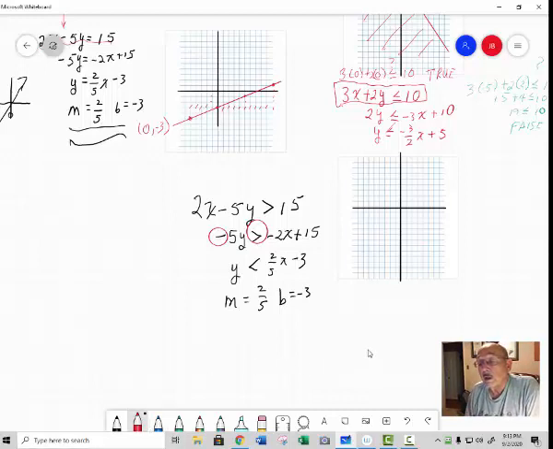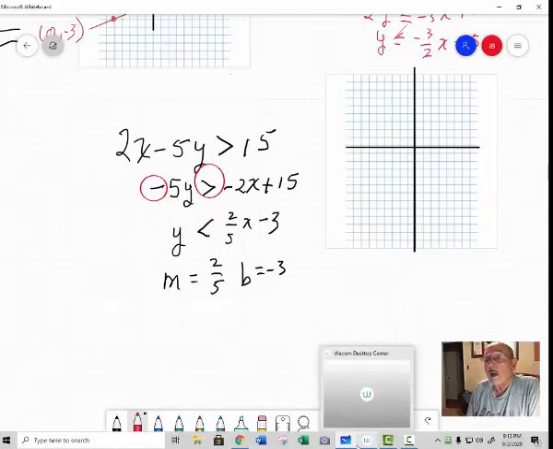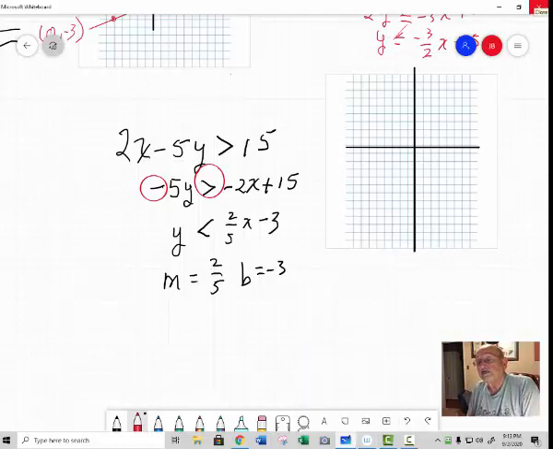Right here is my y-intercept. And 2/5, I'm going to go over 1, 2, 3, 4, 5, and up 2. 1, 2. There's a second point right there.